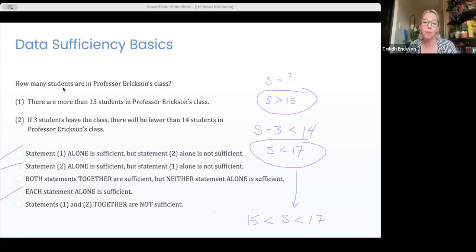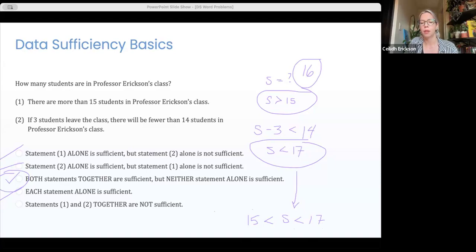They have to be whole numbers. And there's actually only one whole number between 15 and 17. And because this was not a less than or equal to situation, it was a less than sign, we know that S has to be 16 and we've answered the question. So both statements together are sufficient, but neither one alone.